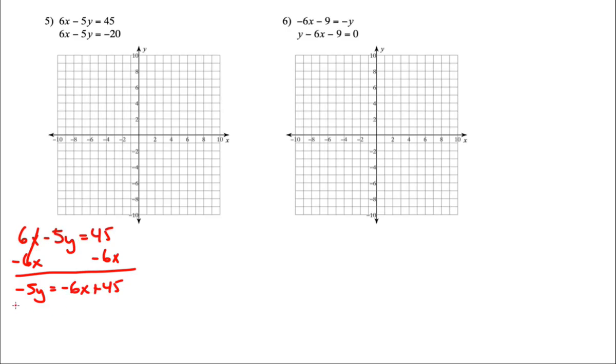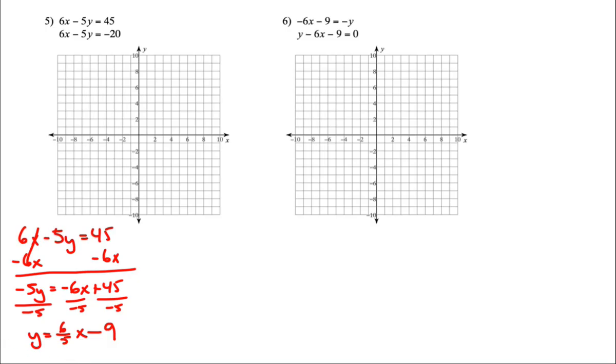And then if I divide by negative 5 across each of my terms, I'm going to end up with y equals, a negative over a negative is a positive, 6/5 x. A positive over a negative is a negative. 45 over 5 is 9.